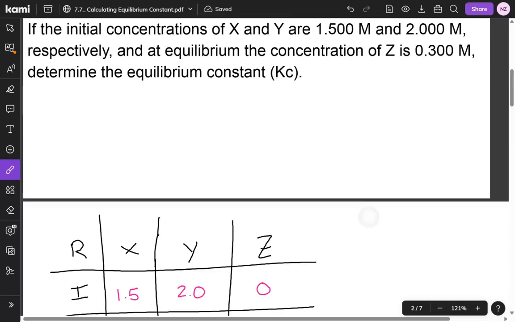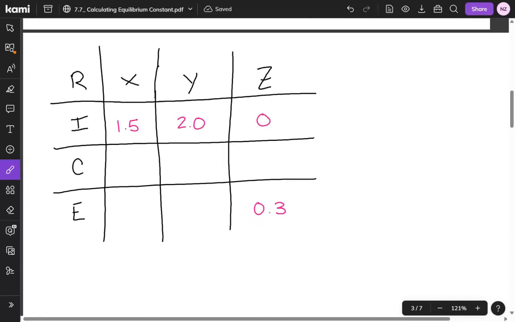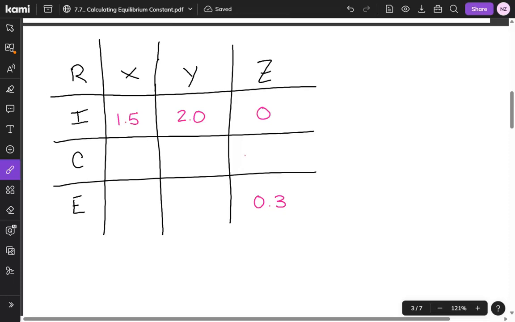So if we go back to our reaction, we know that we have a 2 in front of our Z. So Z is going to go up by some amount. We'll call that x, but it's going to go up by an amount of 2x because we have a 2 in front of it. We don't know what x is, but it's going up by 2x.